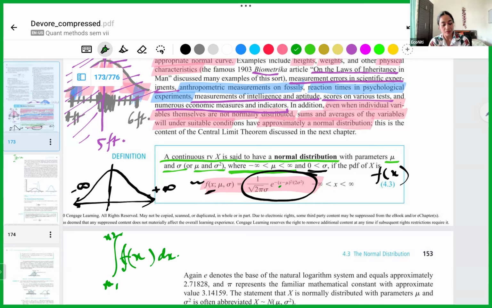So इसका जो functional form है ये अतरंगी सा, तो इसको याद कर लेना होता है.